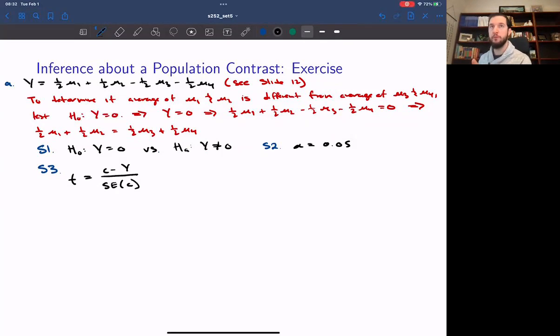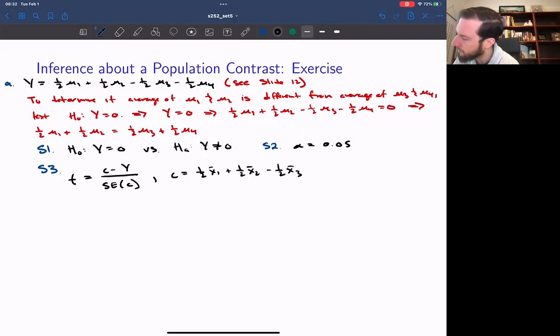Okay, on step 3, we would then have our test statistic. The test statistic is little c minus gamma divided by the standard error of little c. Little c is going to be 1/2 x bar 1 plus 1/2 x bar 2 minus 1/2 x bar 3 minus 1/2 x bar 4.